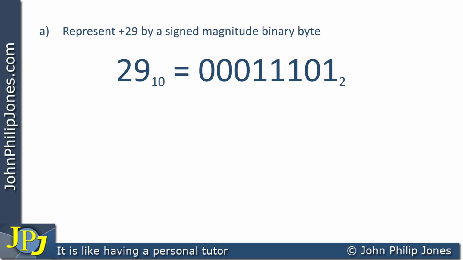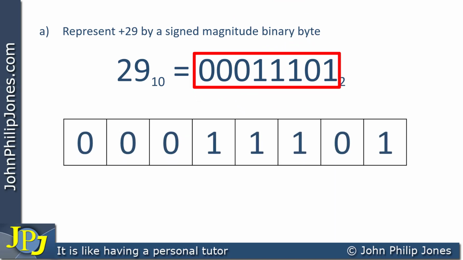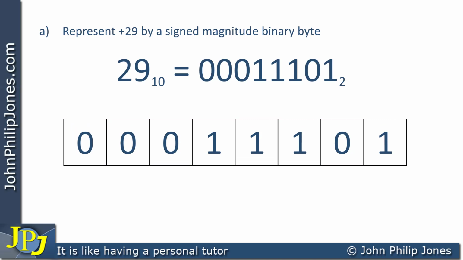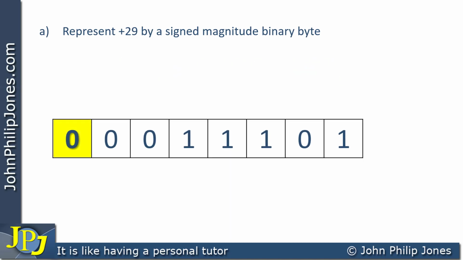We could simply say, well look, this is an example of an unsigned binary pattern because I haven't given any consideration to the sign bit yet, and this would represent 29. However, what I'm going to do is place the pattern as you see here in 8 flip-flops. Now what I wish to do is to reflect where the sign bit is going to be, and you can see I've shaded that in the yellow background.